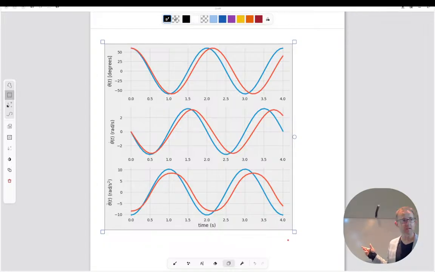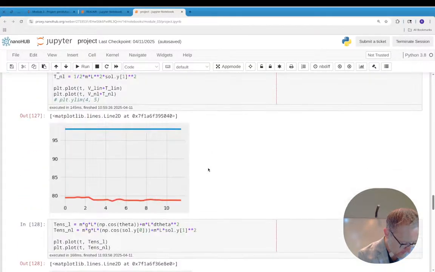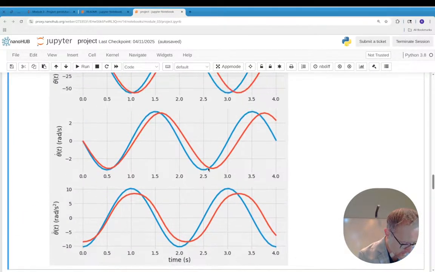Something's different, there's a much bigger difference in amplitude. We do see both of them are creating a sinusoid, energy is conserved, so it's going to keep going back and forth. And that one's kind of later.